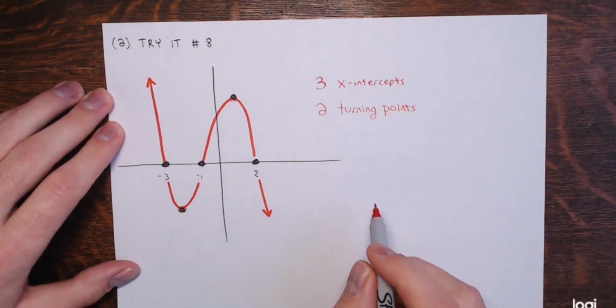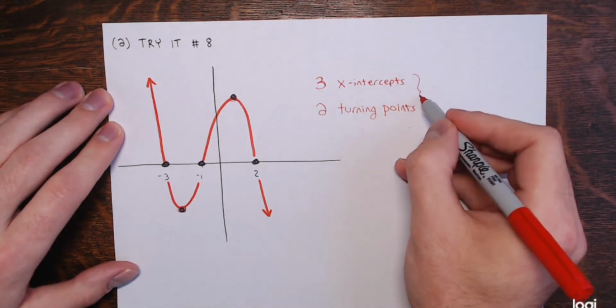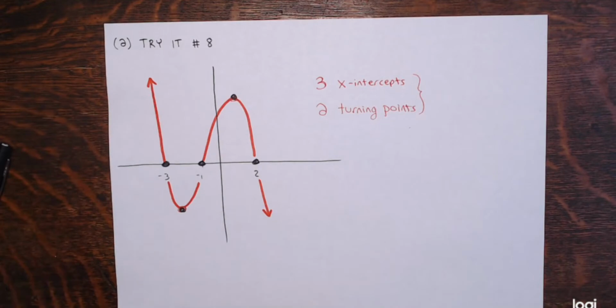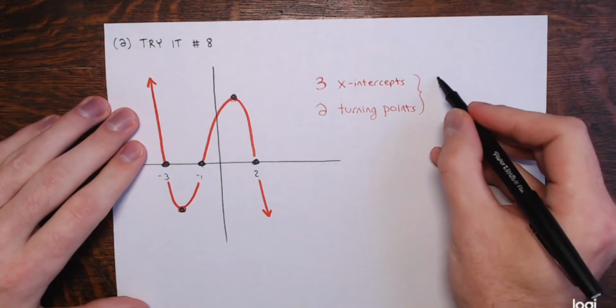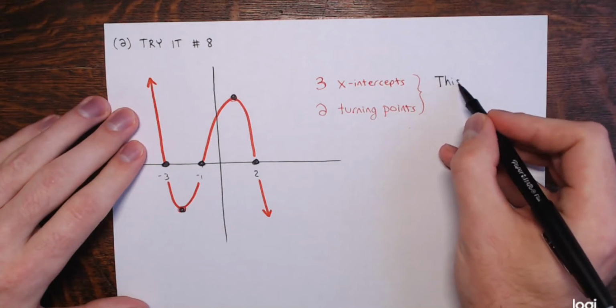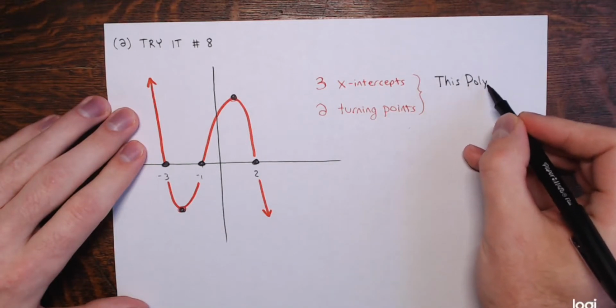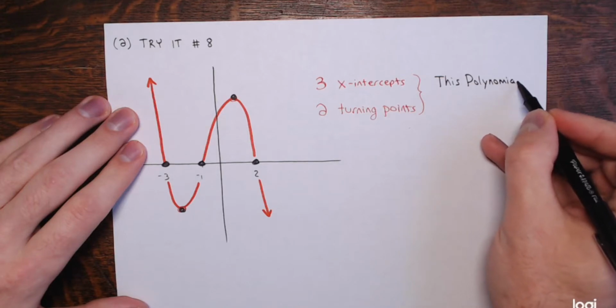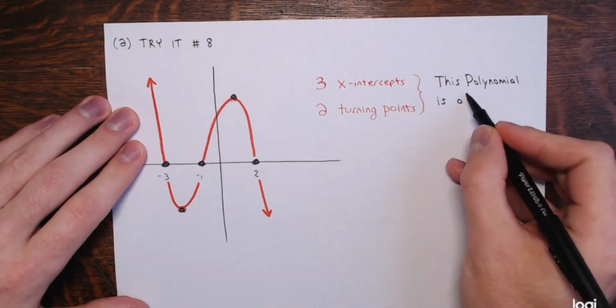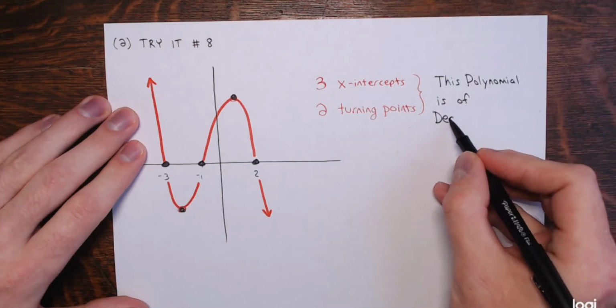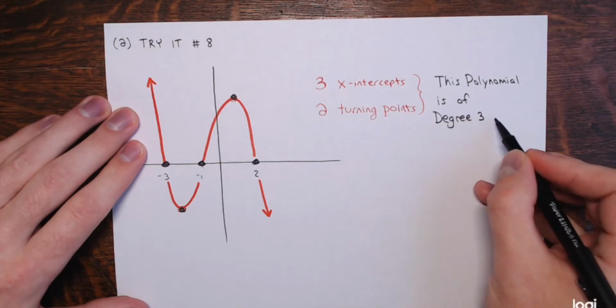And so based on this information, I'd say that this polynomial could be degree 3 or higher. All right, now it's probably just a degree 3, but this polynomial function is of degree 3 or higher.